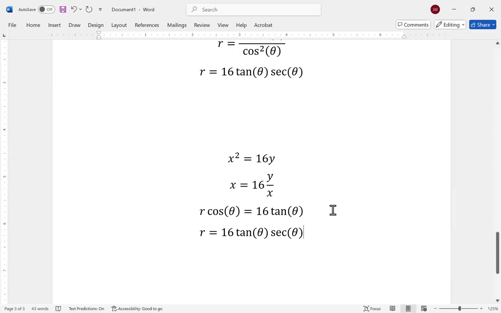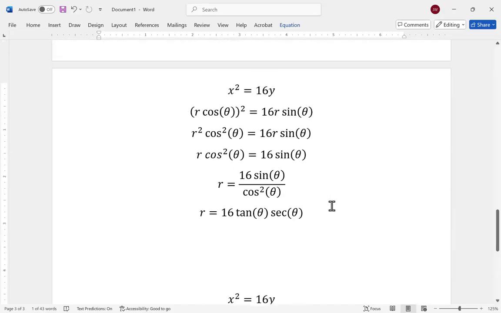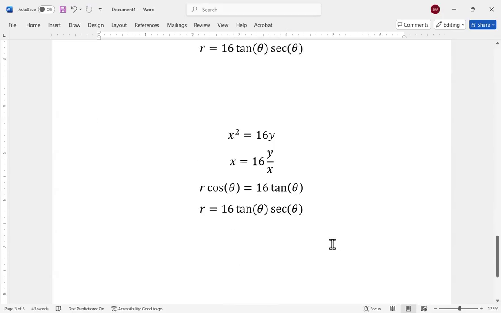So notice that, again, in this case, dividing by x allowed me to use one of my other conversion equations. It gets you to the same place in the end. Gets you to 16 tangent theta secant theta, or if you wanted to write it in terms of sine and cosine, you could have transformed this into sine and cosine as well.